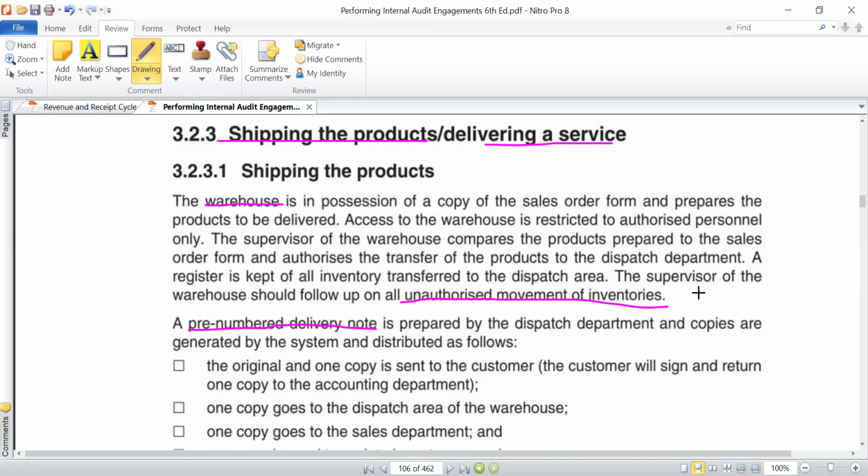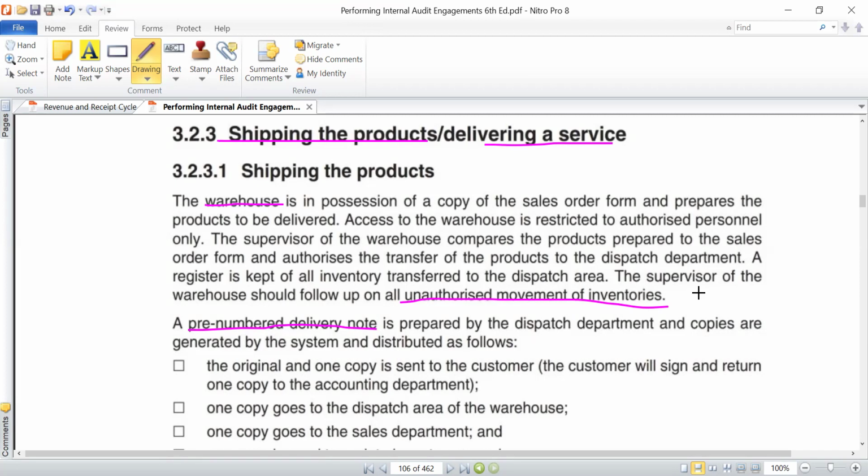Meaning they are taking the goods for their personal use and no accountability is done for it. That's unauthorized movement of inventory. Or there's extra goods that are loaded to the trucks which were never really ordered by the customer. That's unauthorized movement of inventory. Or there's picking of goods from the warehouse and loading them to the trucks without any supporting documentation for it. That's unauthorized movement of inventory.